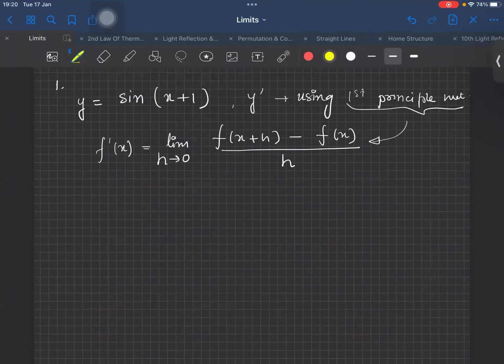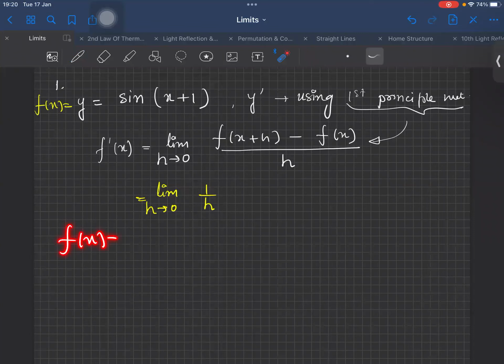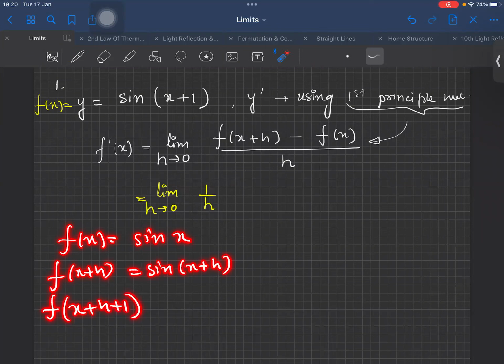Find out the limit h tends to 0. Now 1 upon h, let's write like this because this is not part of the function. Now the function is f of x equals sine x plus 1. So f of x plus h, what will you write?